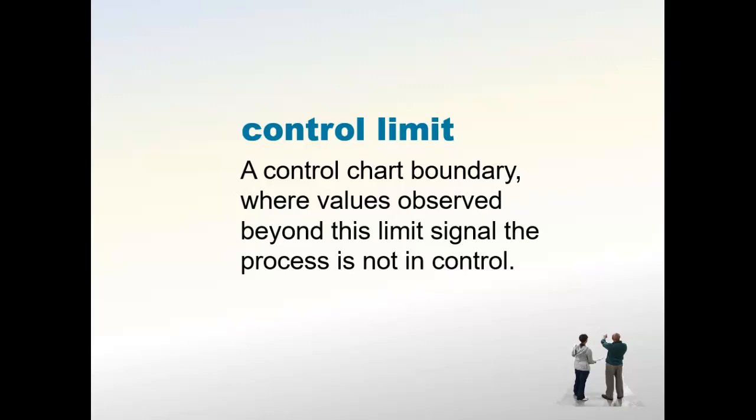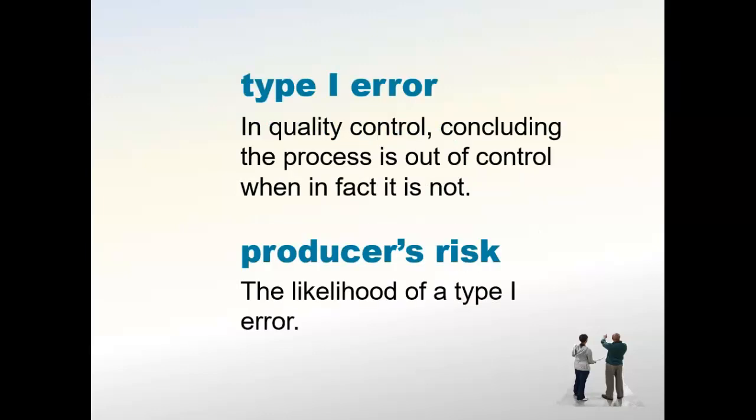So a control limit is a control chart boundary where values observed beyond this limit signal the process is not in control. And because of this sampling distribution, when everything is running smoothly, deviation from the mean is usually non-existent. In reality, a small but ever-present chance exists that the process could create an unusually small or large sample observation while in control.